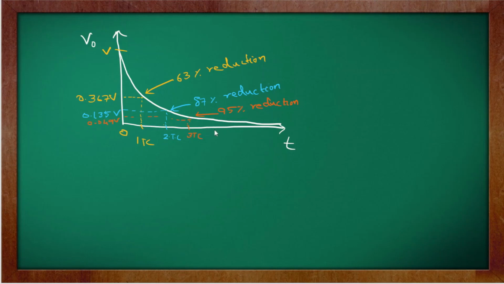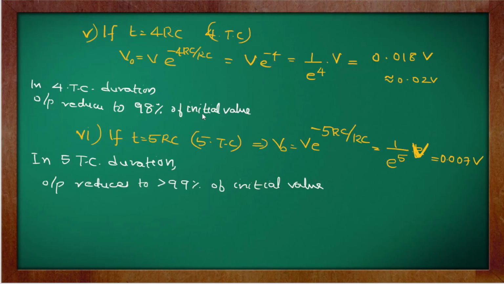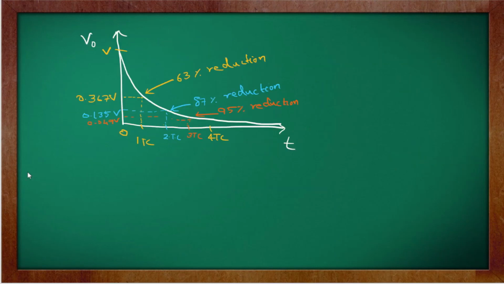Now, what happens in 4 time constants? We have seen that in 4 RC time, it is approximately 0.02 volt, correct? So it goes to 0.02. The scales may be different here.